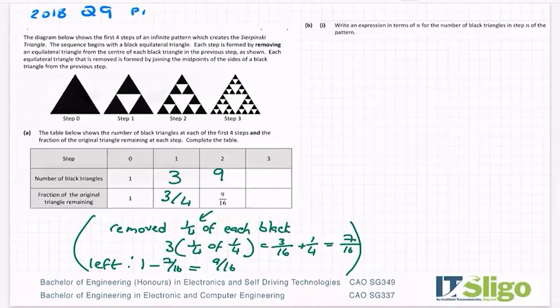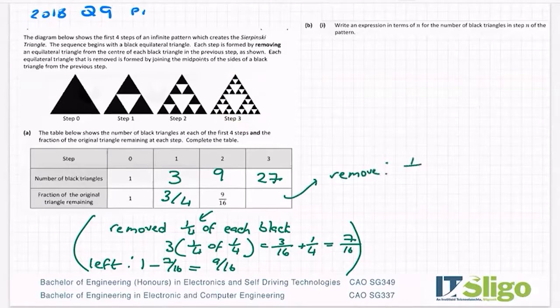Okay, so remember I said there's 3 black triangles in every original. So I'm going to go 3, 6, 9, 12, 15, 18, 21, 24, 27. So there's going to be 27 black triangles in that one. Okay, and then what's left? What did I remove this time?